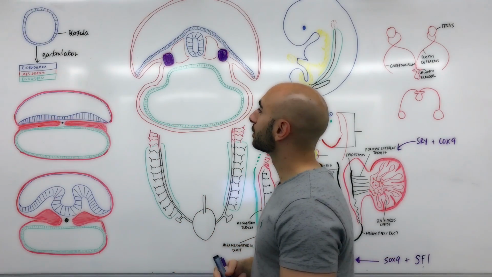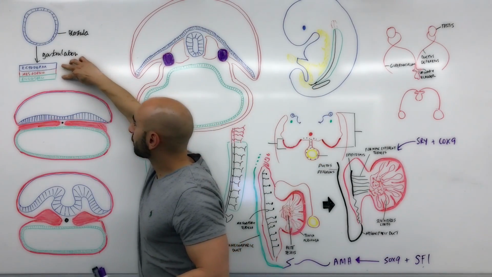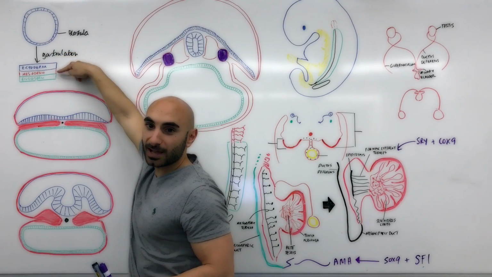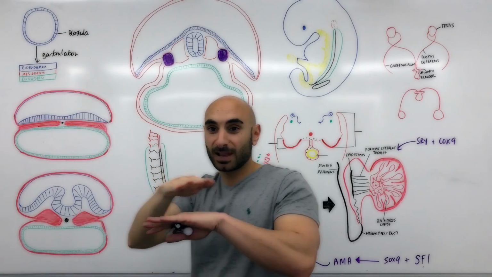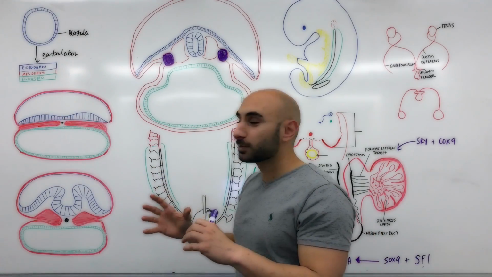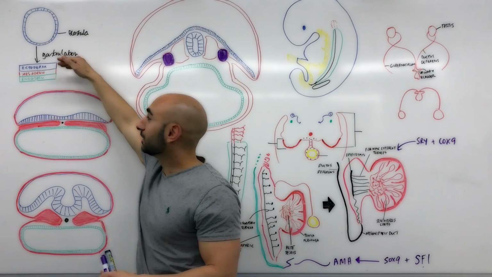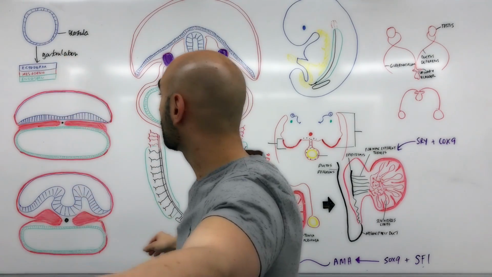You're probably wondering how this is the inner layer and that's the middle layer when they're straight. That's because initially that's how everyone starts out, in these three layers just like that.